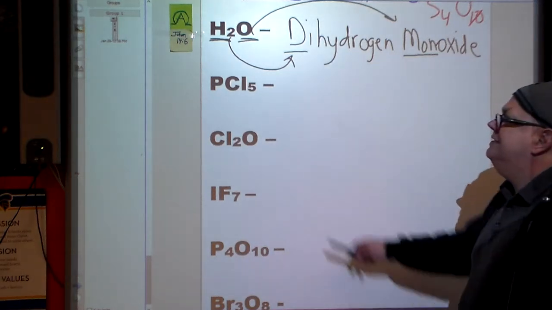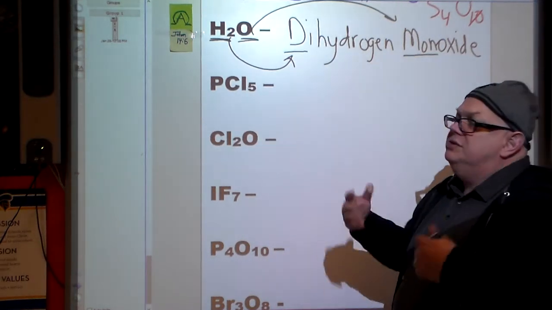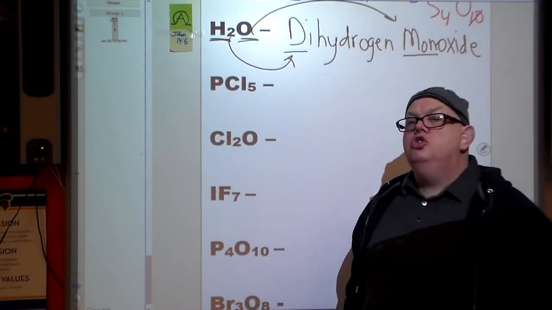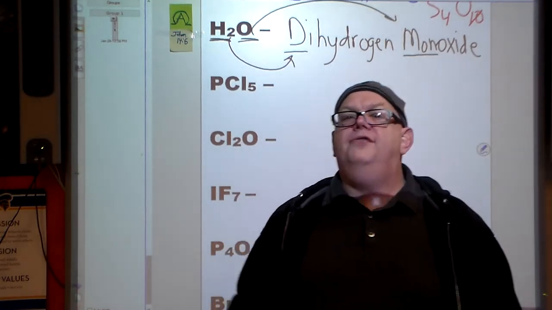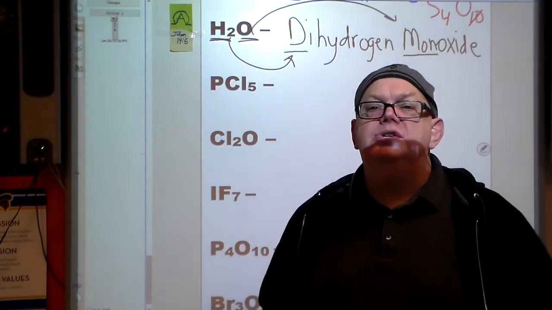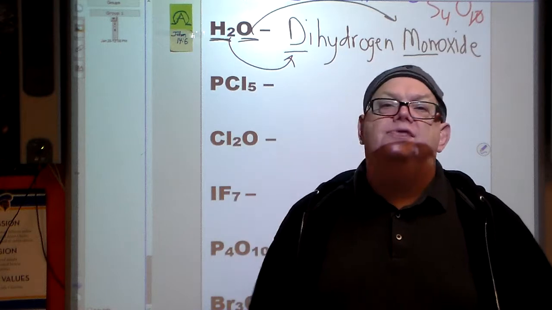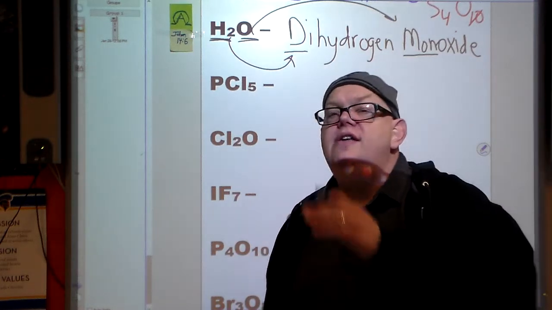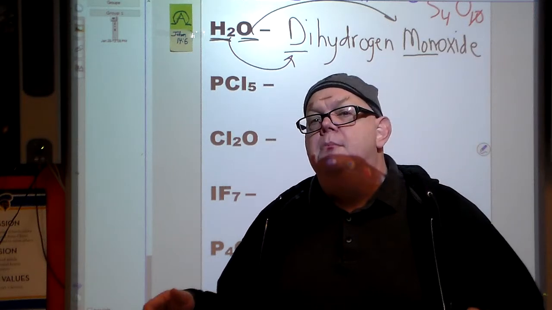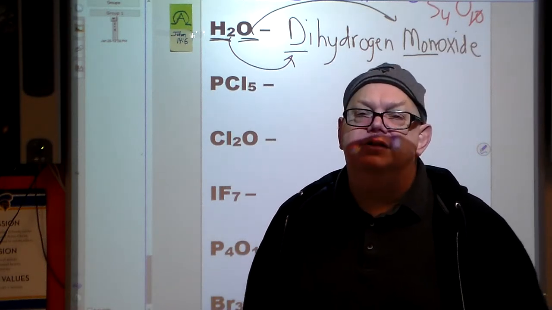PCl5. It's not an I, it's Cl. So it's a chlorine, and that means you have a phosphorus. Now, do we use the word mono for that first part? No. If we say phosphorus, that means there's 1 phosphorus there. If we say diphosphorus, then we know it's 2. Triphosphorus means 3. But you never have to use monophosphorus.